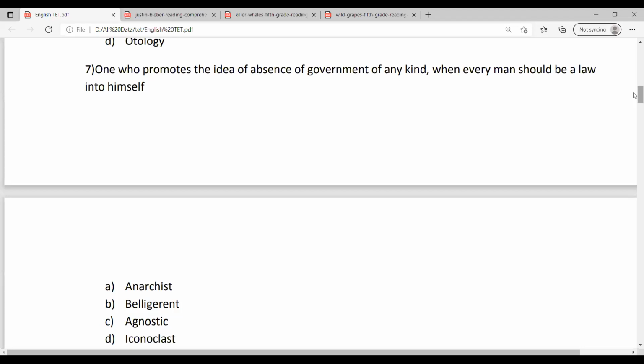Anarchist. What is anarchy? Yes, anarchist. So you should be knowing this.